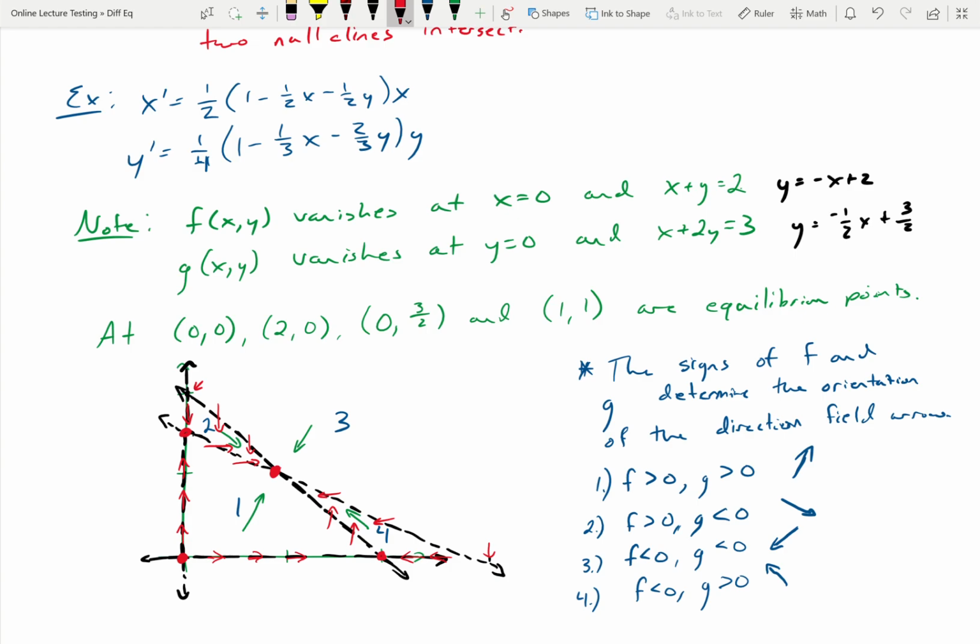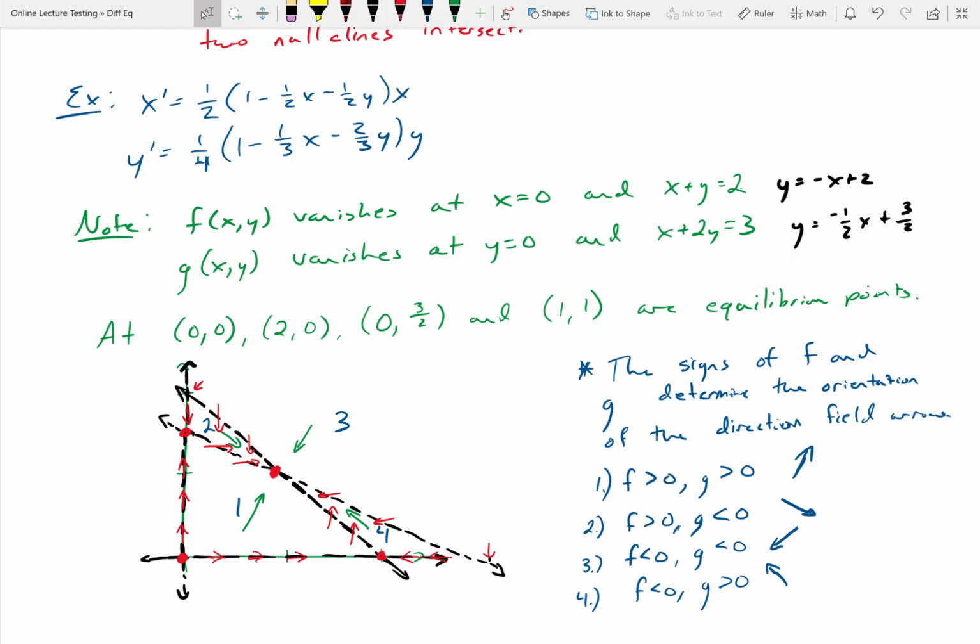So this is how we can get a very quick idea of these solutions. If I plot any point in the area of 1, notice it's going to be pushing it towards the equilibrium point (1, 1). If I plot a point into 3, it's going to push it towards the equilibrium point (1, 1), depending on where I draw it.